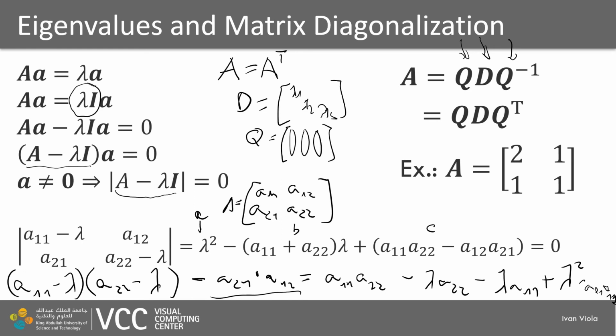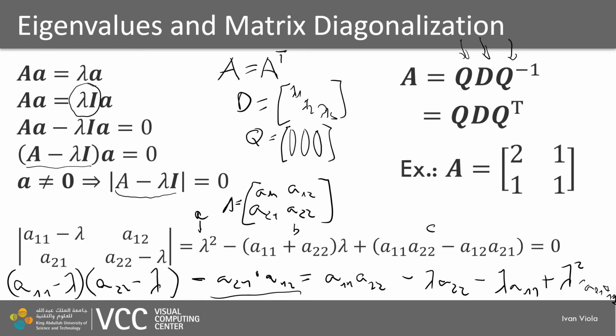This way we can calculate the lambdas, and we will find out that there will be 2 lambdas because there are 2 roots. A symmetric matrix will have 2 real-valued roots of this quadratic equation, and these values will be our lambda 1 and lambda 2, our eigenvalues.